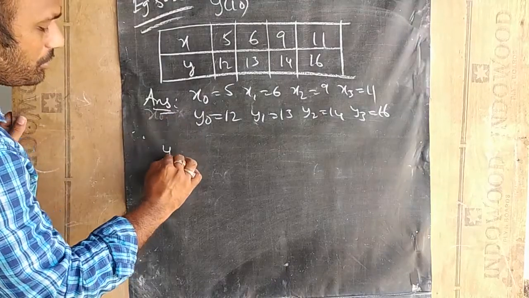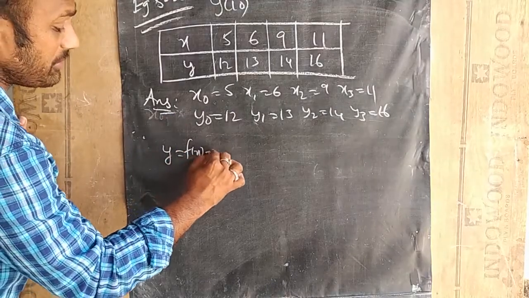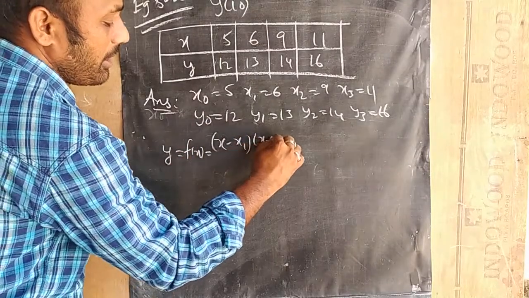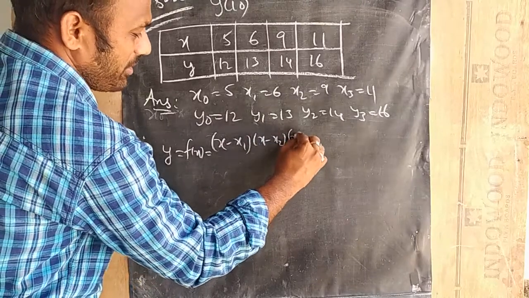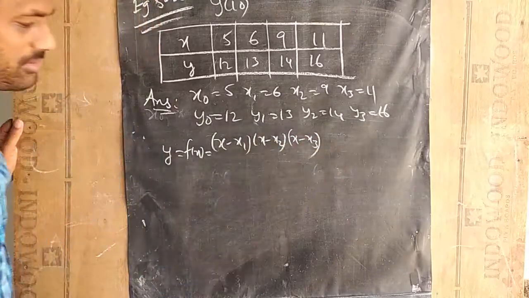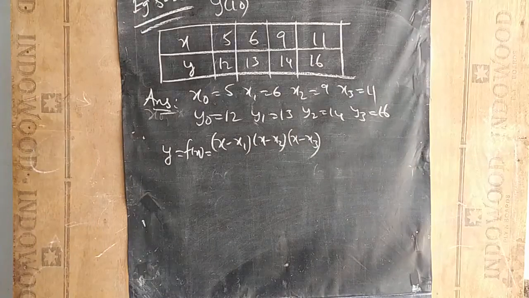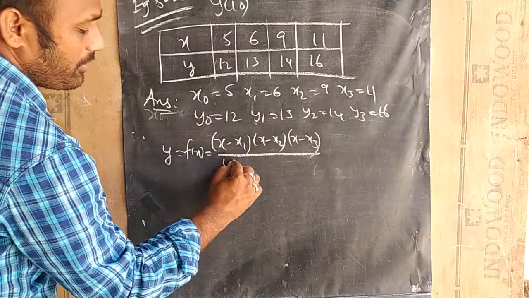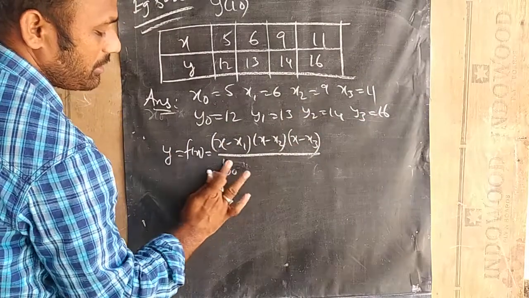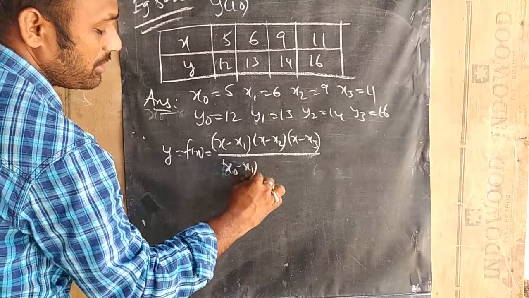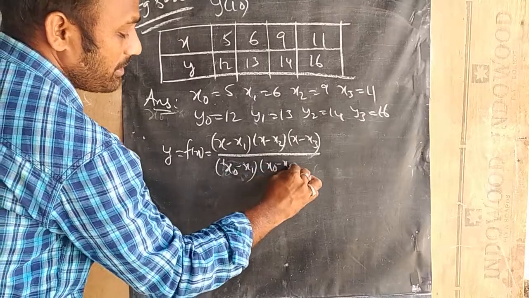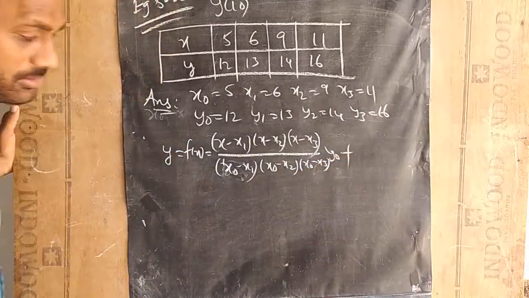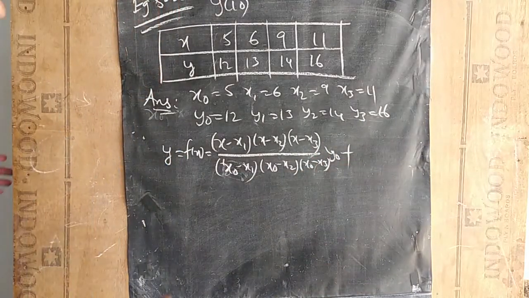Now, let us substitute in the formula. y is equal to f of x is equal to, what is the formula here? x minus x1 into x minus x2 into x minus x3, x3 is the highest, so we can stop here, divided by x0 minus x1 into x0 minus x2 into x0 minus x3, into y0, plus.